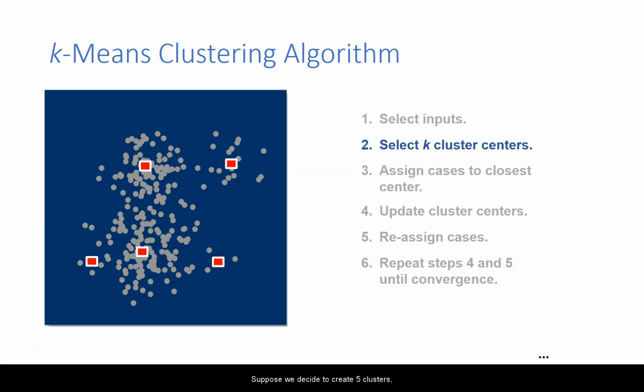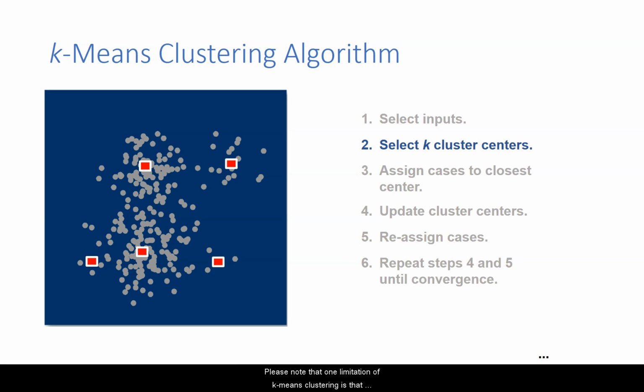Suppose we decide to create 5 clusters. Therefore, k equal to 5. We select 5 random cluster centers. These cluster centers can be 5 randomly selected observations in the dataset, or just 5 randomly selected points in the space.